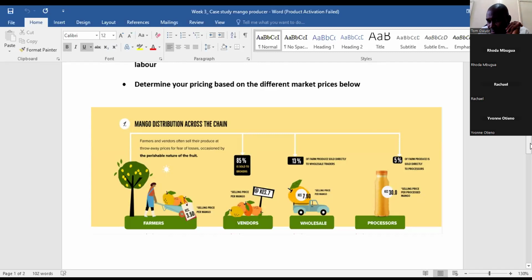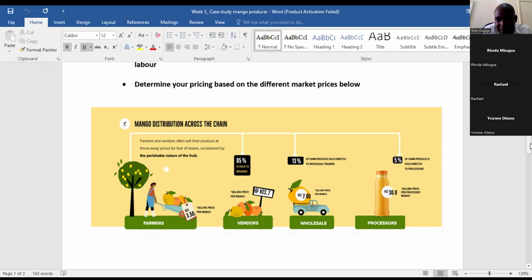If 85% is sold to brokers, it is 85 over 100 times the 10,000 fruits to get the quantity.